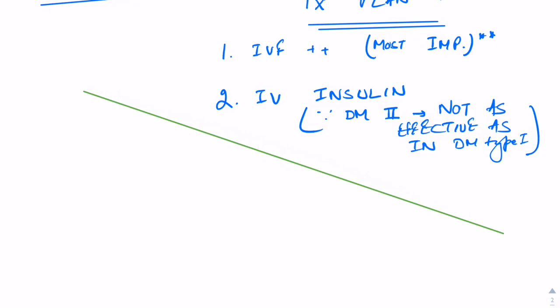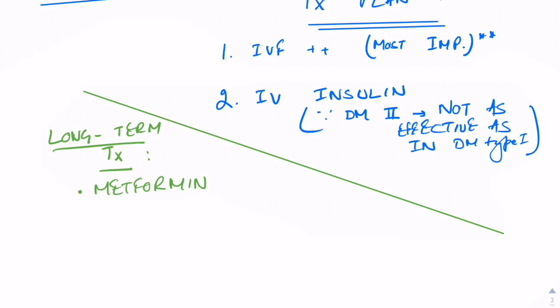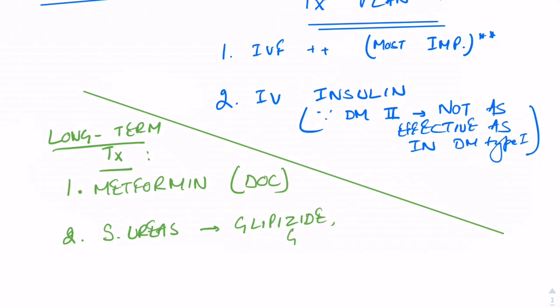Okay, so once the acute episode is over, we should also treat the patient long term. So first and foremost, the drug of choice is metformin. It has its side effects, like lactic acidosis, but you need to be careful around that, especially in someone with renal failure or renal insufficiency.